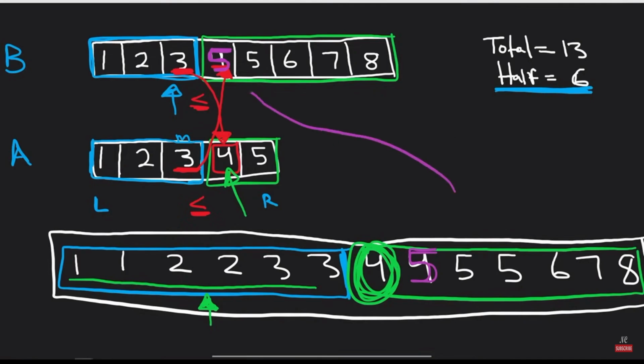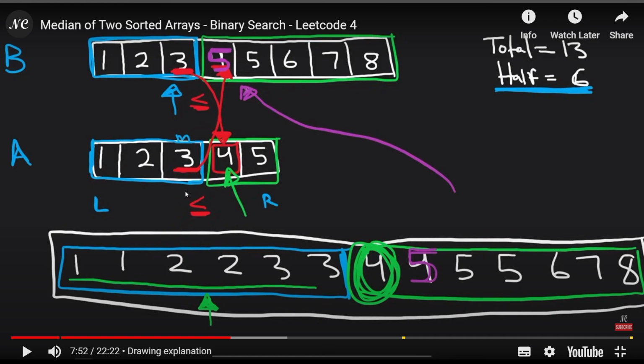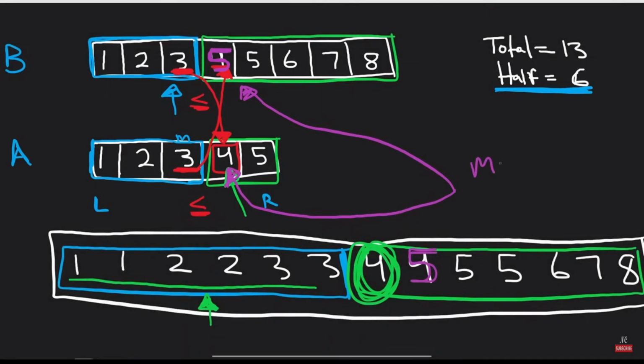Well, from these two values, we know one of them has to be the median. What we would do is take the minimum of both of them. So we'd take the minimum of the leftmost values in both partitions. So the min of 5 and 4. And we know that's going to be 4, so 4 is our median.